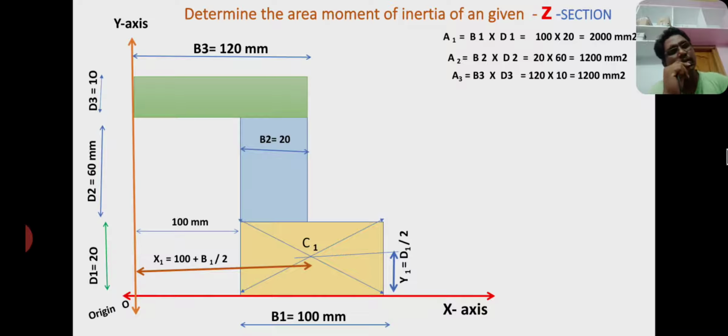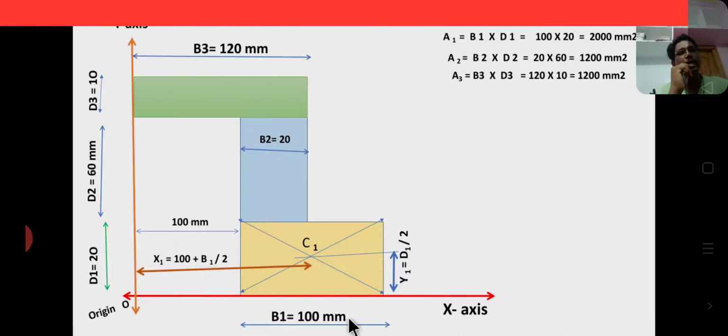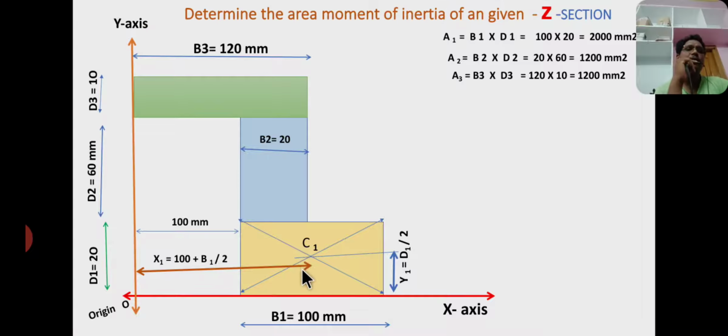From previous slides, the centroid of a rectangle lies at half of the base and half of the height. Therefore, this is centroid. From here to here you have to consider half of the base, and from here to here half of the height.